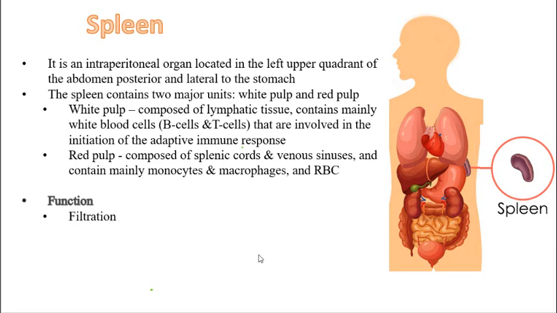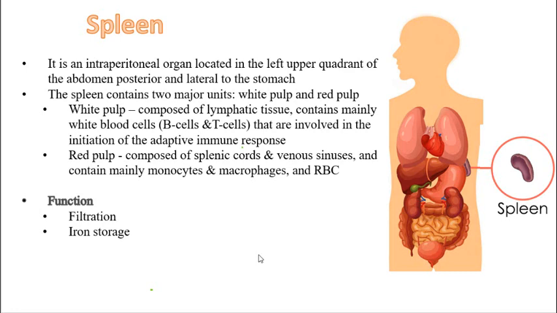In the red pulp, the red blood cells pass through the spleen, and the spleen traps older, damaged and deformed red blood cells, while those that are young and not damaged can just pass through. The red blood cells that are trapped in the spleen will be phagocytized by macrophages.